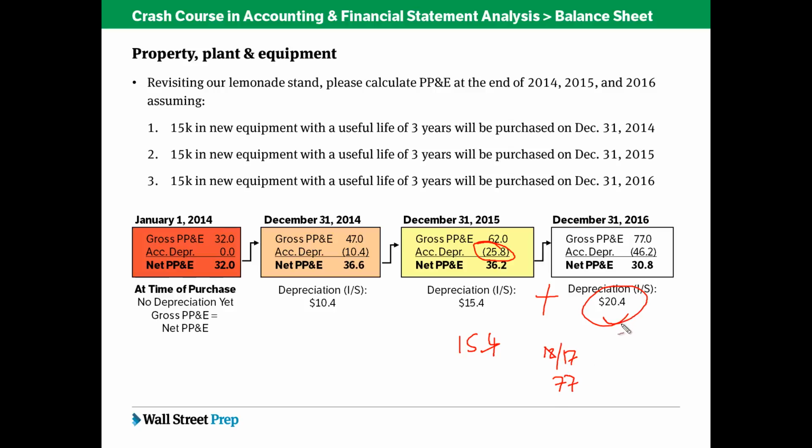But depreciation in 2017 is actually a little bit lower. You're depreciating only 5 from this asset, 5 from this asset, and 5 from this asset, because the assets that were purchased on January 1st, 2014 are now fully depreciated. So depreciation expense in 2017 ends up being just 15.